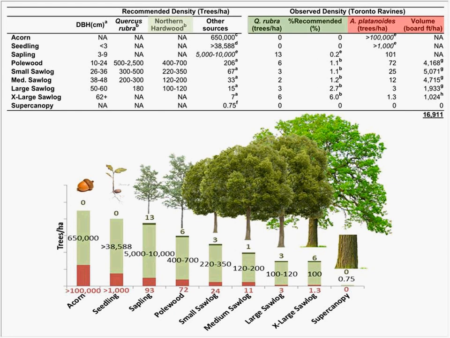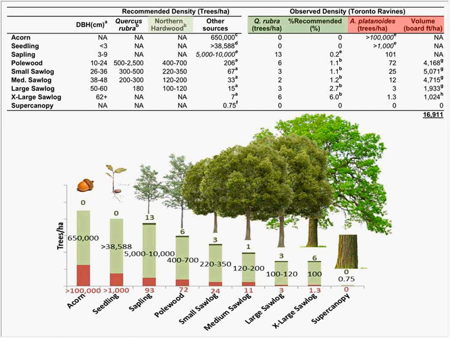On the bottom, this is Norway maple. It tells us a different story. As you can see, every single age category of Norway maple, there's the numbers we found at the bottom: 9 saplings per hectare, 72 pole, 24, 11, 3, and 1.3.